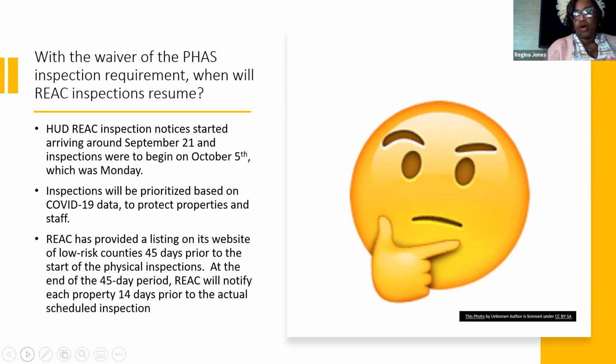Inspections will be prioritized based on COVID-19 data, and you can go to the REAC website for this information. On their website, they list low-risk counties, given 45 days prior to the start of the physical inspection. And at the end of that 45-day period, REAC will notify each property 14 days prior to the actual scheduled inspection. Again, if you have any questions, please put that in the chat room and we will address it.